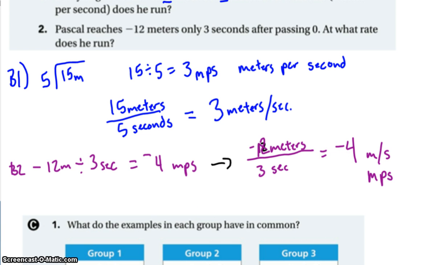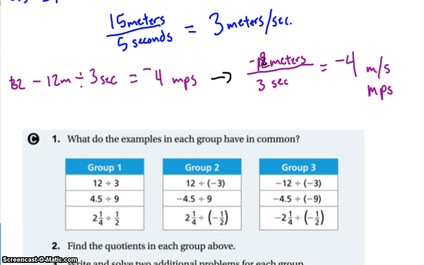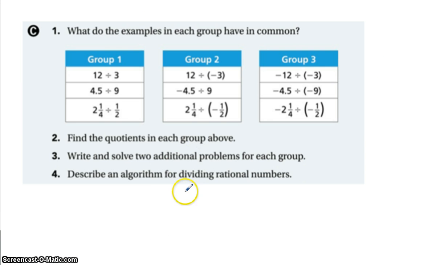Okay. All right, so let's take a look at another couple of problems to further illustrate this. So C1, we got 3 groups of problems here, and we're going to take a look. We have a positive divided by a positive here, and our answer, or our quotient, is going to be a positive number for all of these.